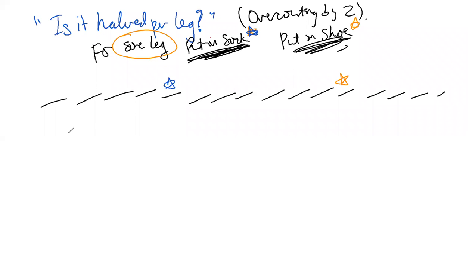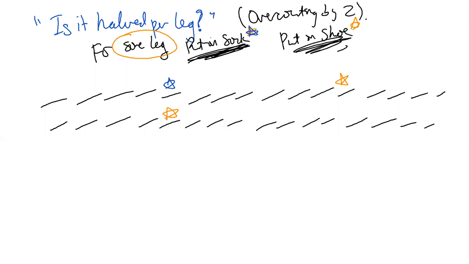However, if I switch these 2 around, this is not good. I'm not allowed to have this, because I am putting on the shoe before the sock. I'm putting the shoe on as the 5th thing I do, and the sock is the 11th thing I do, and that's not good.